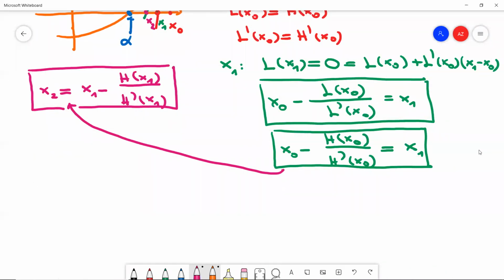So let's write this in the form of an algorithm. Newton's or tangent method.